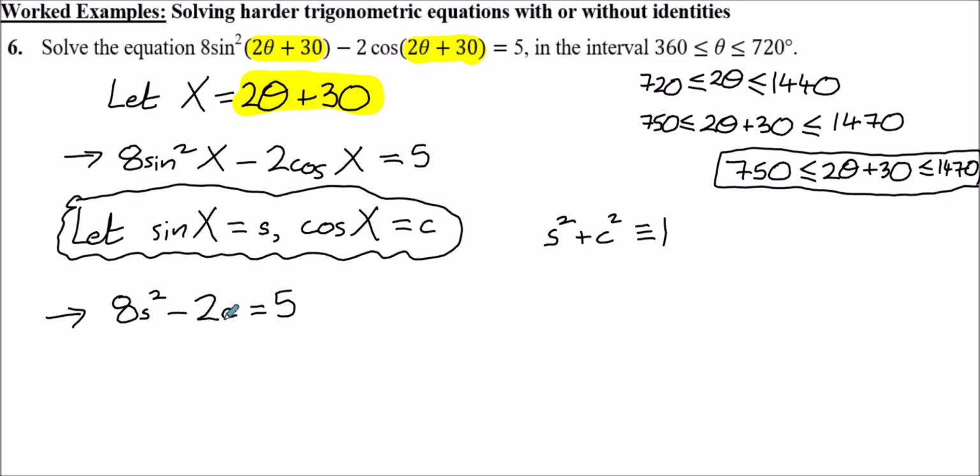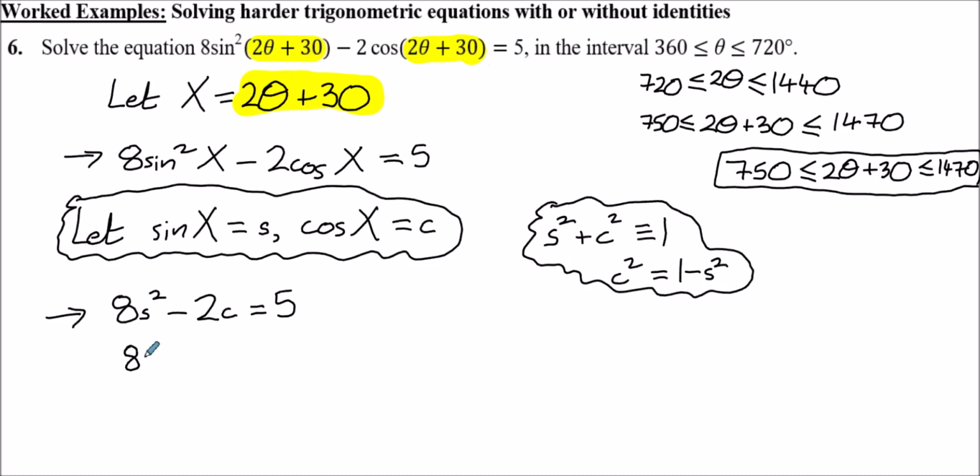So what we can do here is replace the sine squared, because just rearranging this, cos squared is 1 minus sine squared. We can say that sine squared is 1 minus cos squared too.